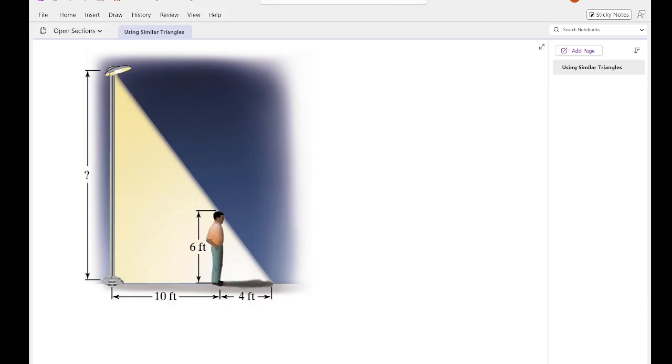So let's use that. I'm going to use similar triangles, so set equal the ratio of their sides. So 6 over 4. And then I don't know the length of this whole thing to the top, so it's just going to have an x there. And then it's 10 feet plus 4 feet, so it's going to be 14 feet. Now I just solve.